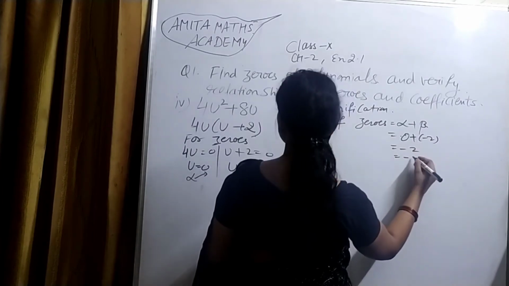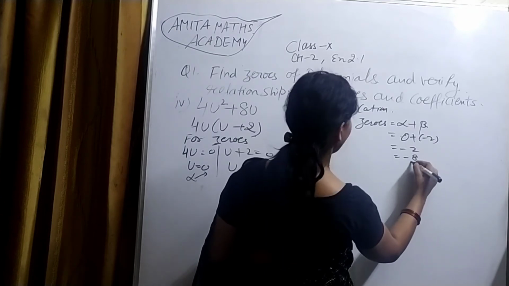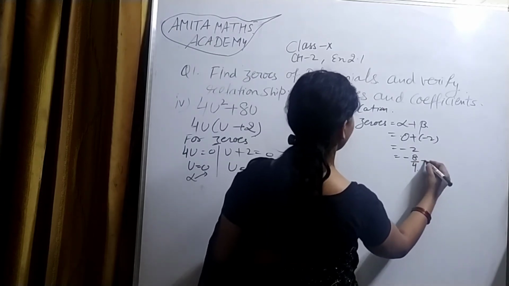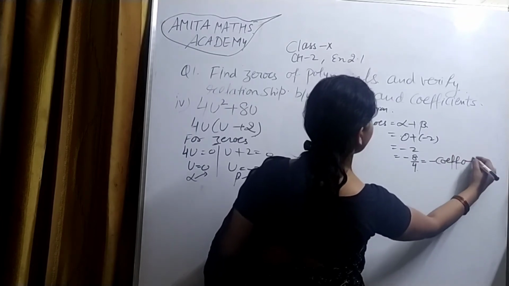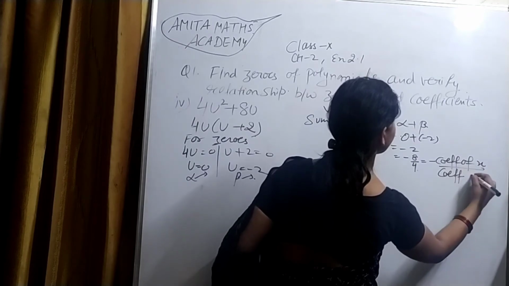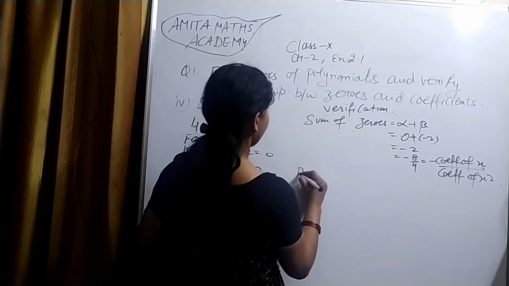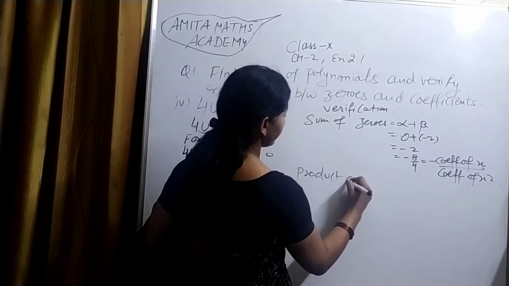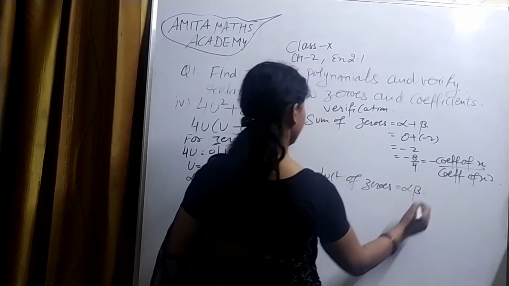Write it as minus 8 upon 4, which is minus the coefficient of x divided by the coefficient of x square. Okay, product of zeros is equal to alpha beta.